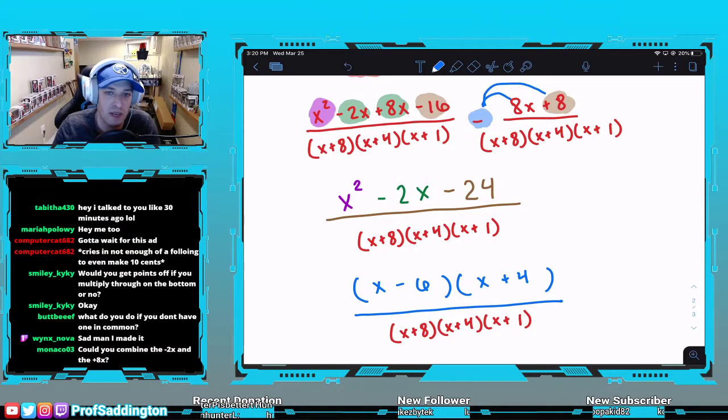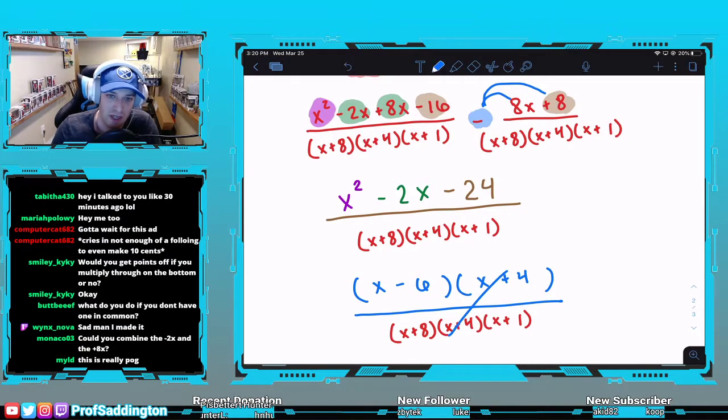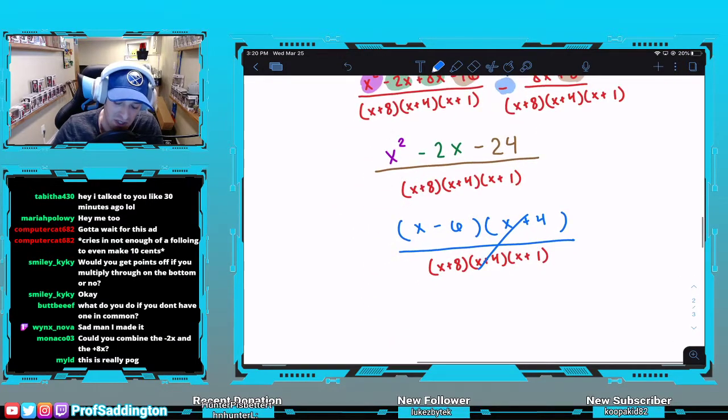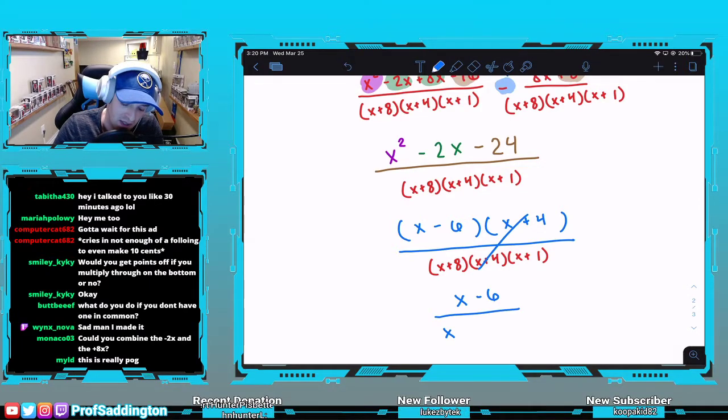And now you just have to make sure that fraction's completely reduced, and hopefully you guys are seeing there is something that you can cancel out, and it is going to be those x plus 4s. So the x plus 4s are gone, and we're really just left with x minus 6 all over x plus 8 times x plus 1.